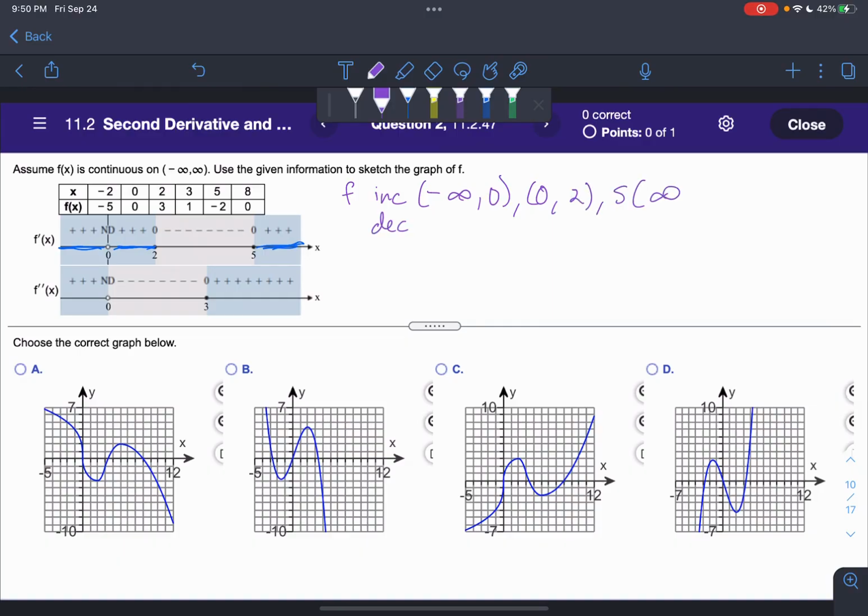And then now we can look at the gray part of my sign chart. This means that my f prime is negative, which means my f is decreasing on 2 to 5.